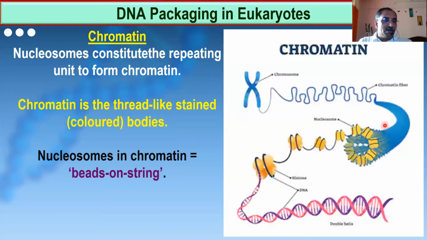When you stain a chromosome, when you do mitosis or meiosis, you can see that it absorbs the stain. The stain-absorbing part of the chromosome is the chromatin. So this is the structure we call chromatin.